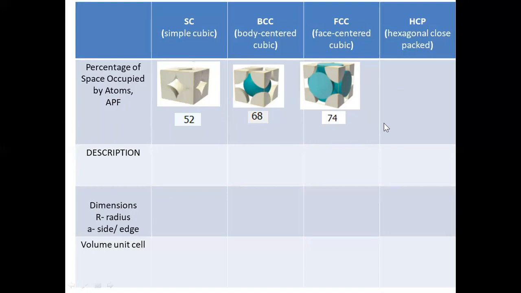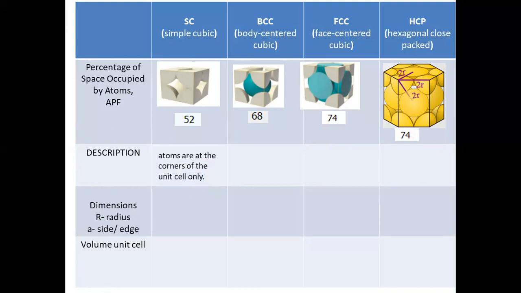And for HCP, if we divide a unit cell into a hexagonal prism, it has a 74% atomic packing factor. Now, let's describe SC. Atoms are at the corners of the unit cell only, as you can see on the figure.